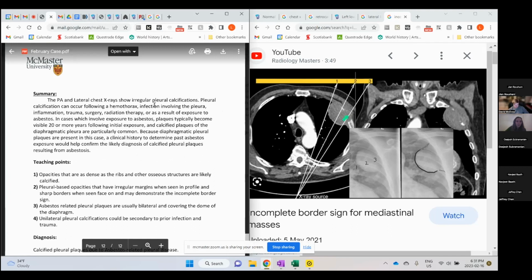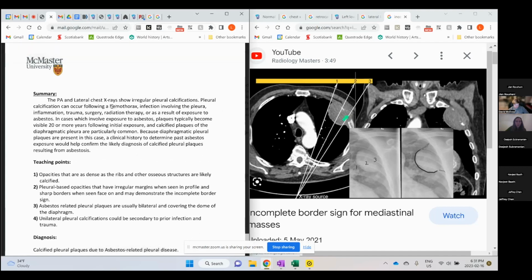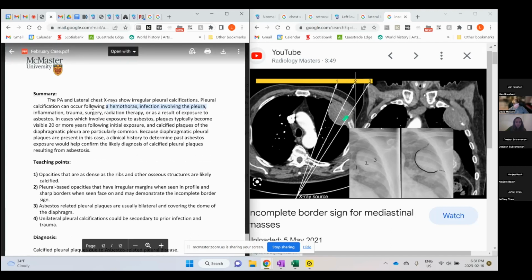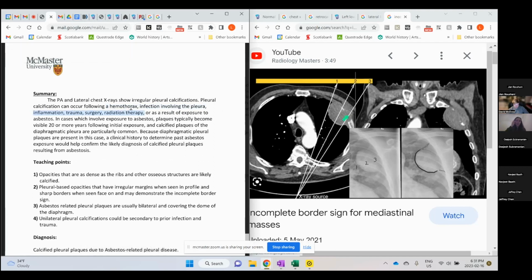Pleural calcifications can occur following hemothorax, infection, inflammation, trauma, surgery, radiation therapy. So the clinical history really helps to confirm it's asbestos as well.